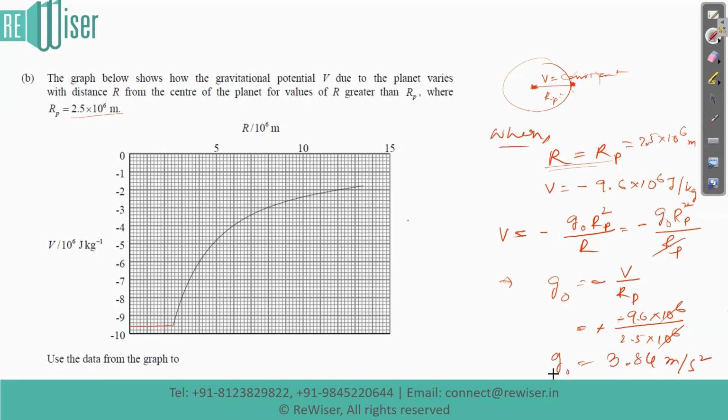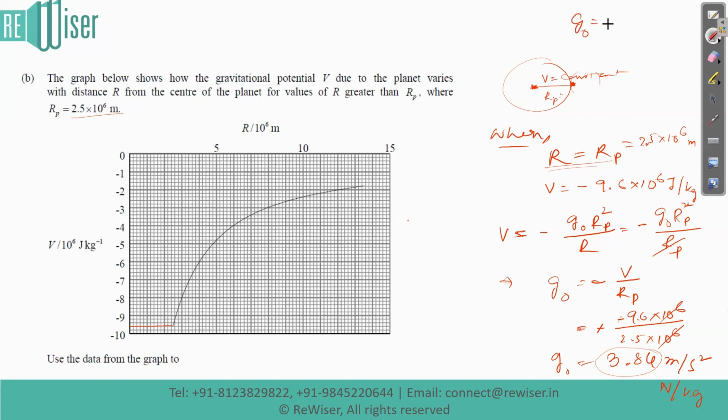This is the G0. Or you can also write it in terms of Newton per kg. So on every kg on the surface of this planet, 3.8 Newton gravitational force will be exerted. So let us write it down here.